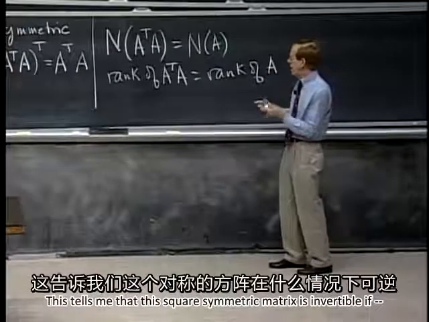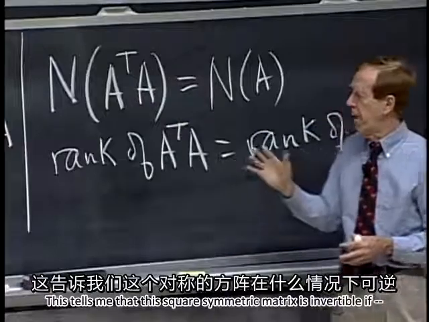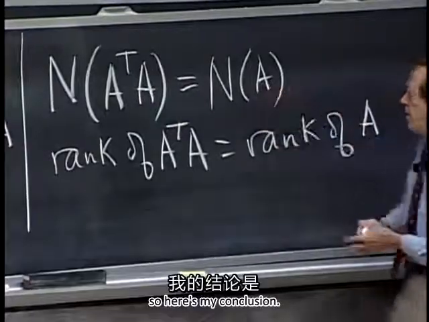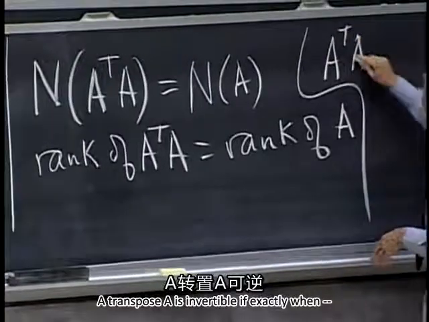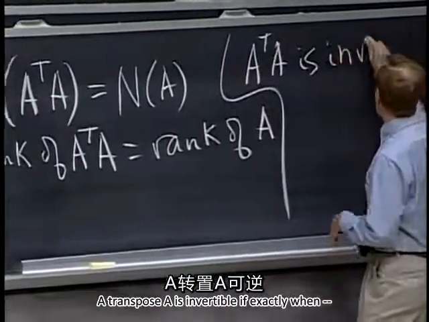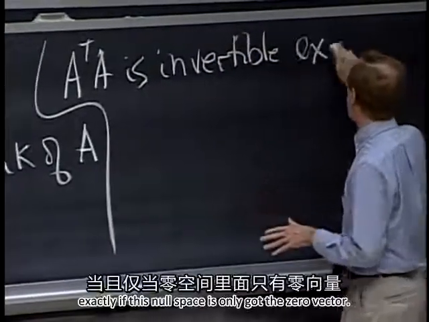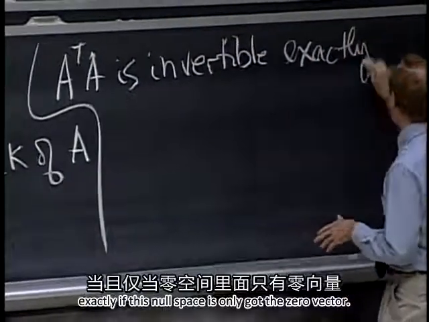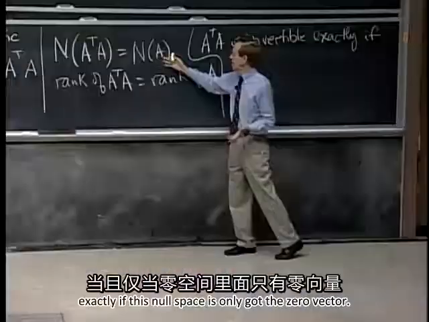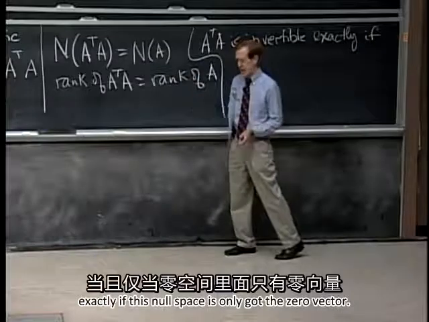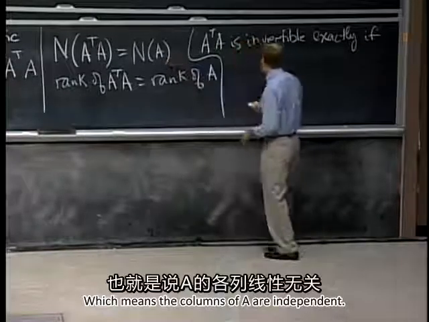This tells me that this square symmetric matrix is invertible exactly if this null space only has the 0 vector, which means the columns of A are independent.